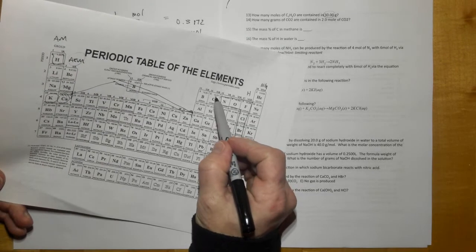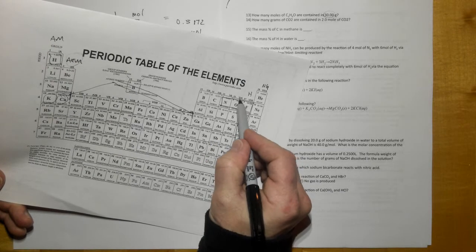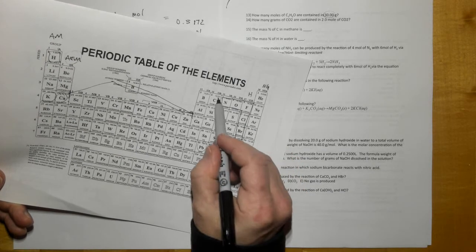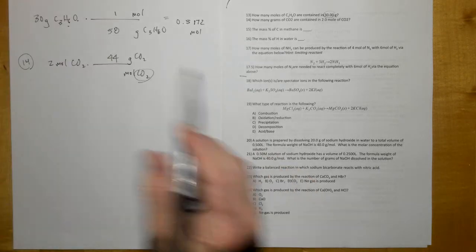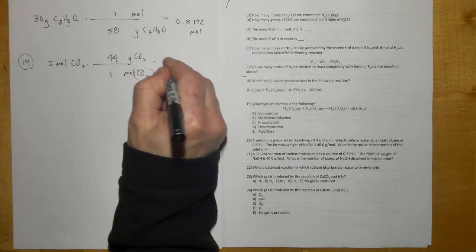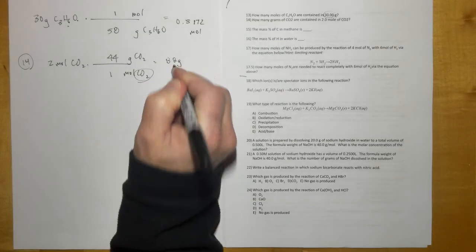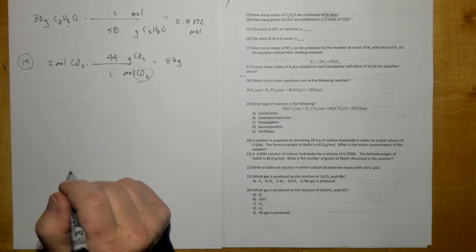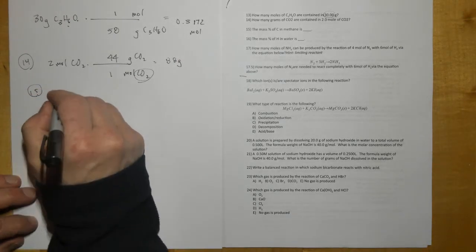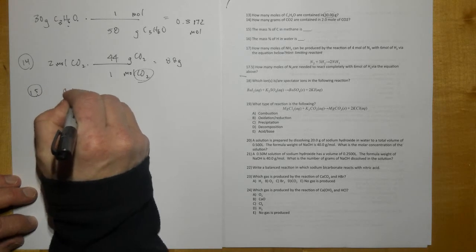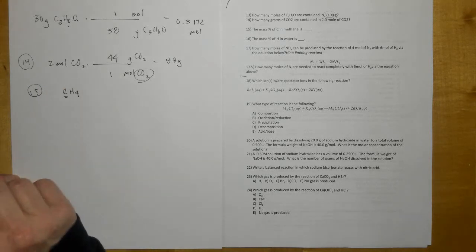Add this up on the periodic table, that's 44 grams. So if I add it up, remember we made this number right here plus 2 of this number right here. So 12 plus 16 is 44. So that's 88 grams. Let's see, number 15, the mass percent of carbon in methane. So methane is CH4. So you want to know the part that's carbon. So find carbon on the periodic table.